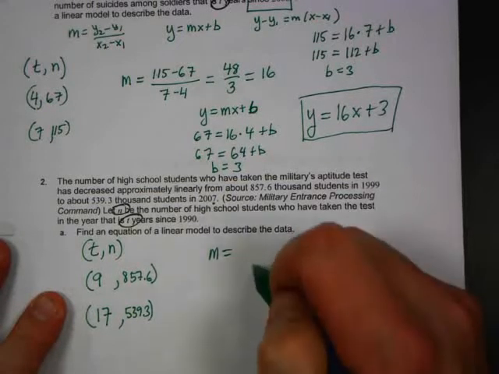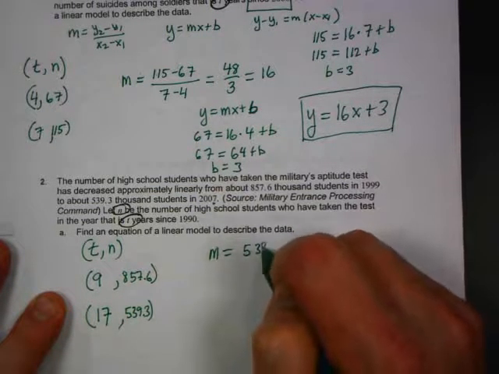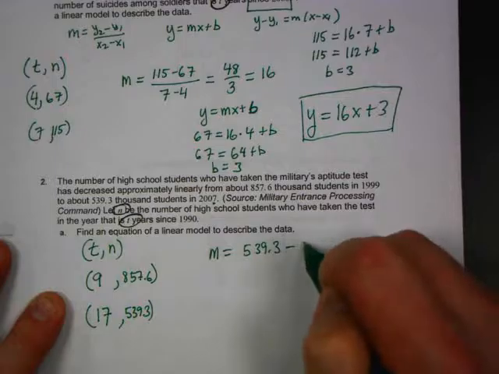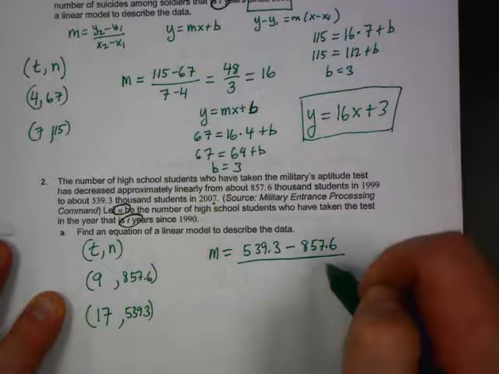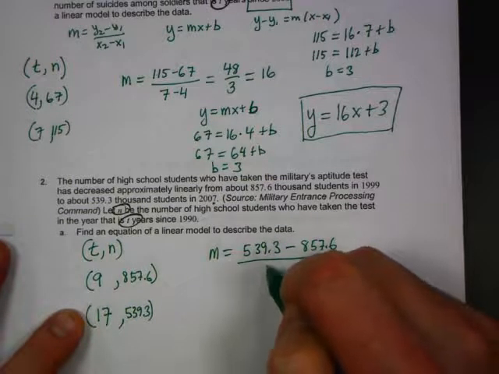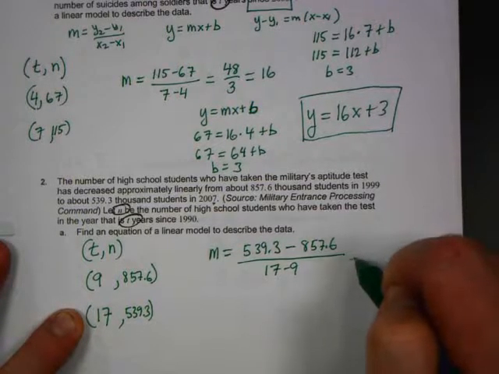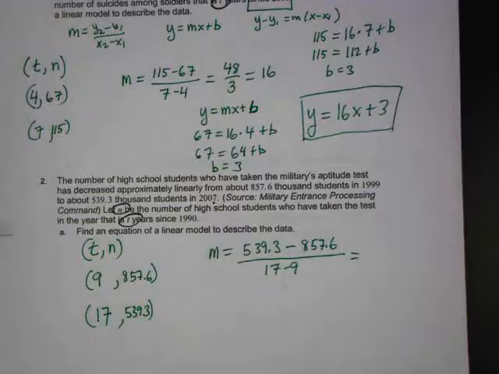I find slope. That's 539.3 minus 857.6 divided by 17 minus 9. I grab my calculator. 539.3 minus 857.6.